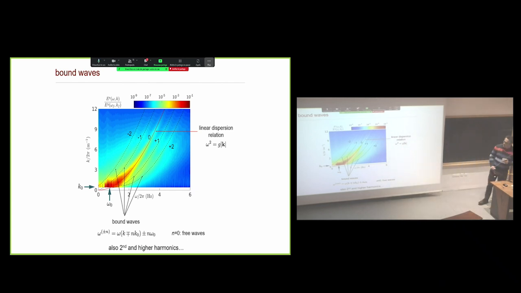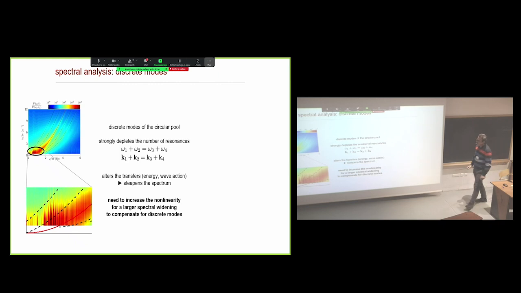One problem that we have in the lab is that our experiments are small compared to the Pacific Ocean. When you have waves in a finite box, then you have discrete modes, and that's almost impossible to avoid in a tank, whichever size it is, even if it's 50 meters.